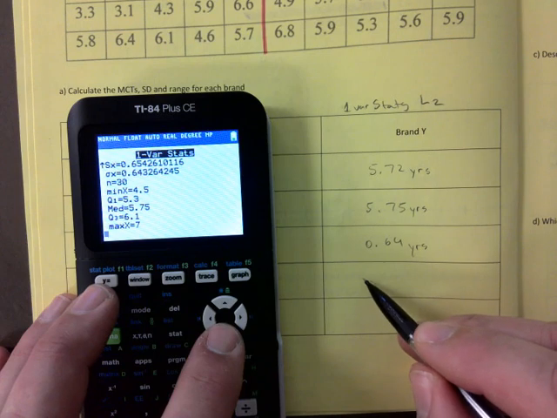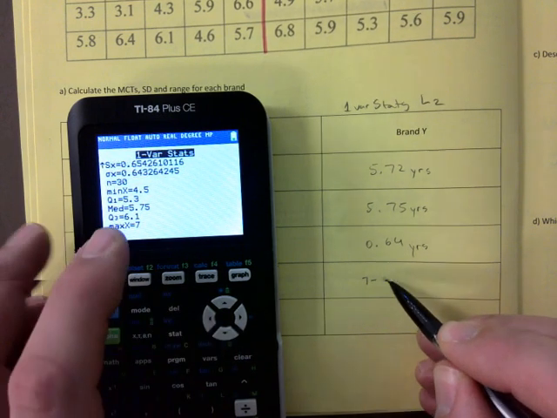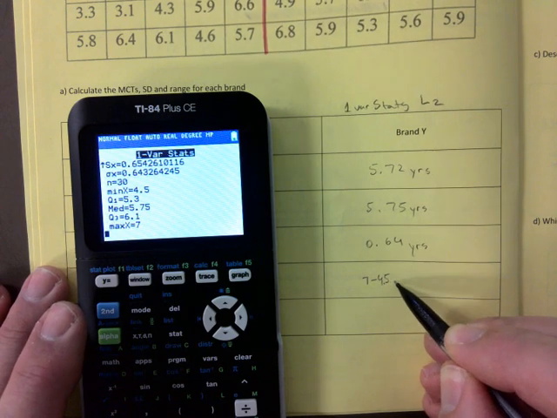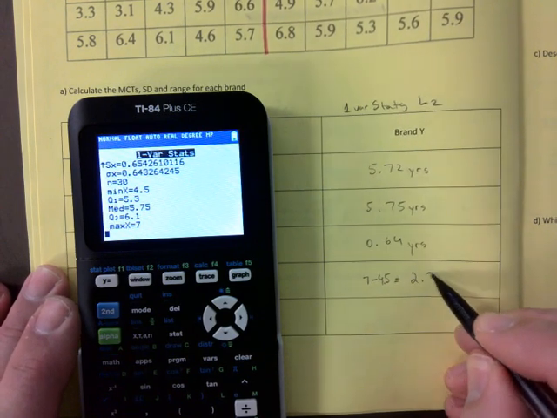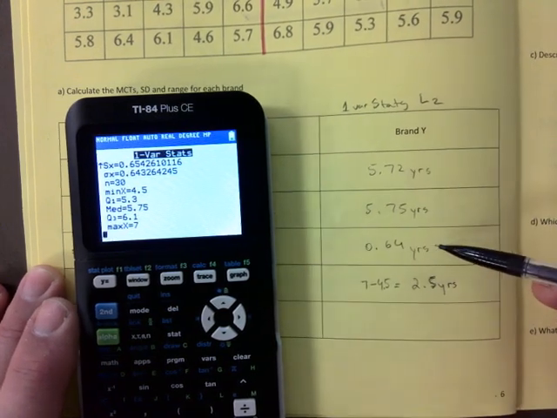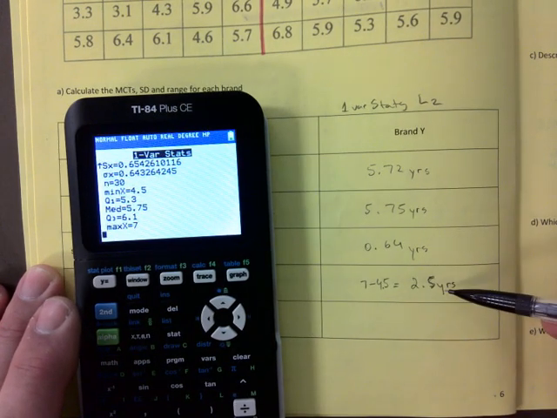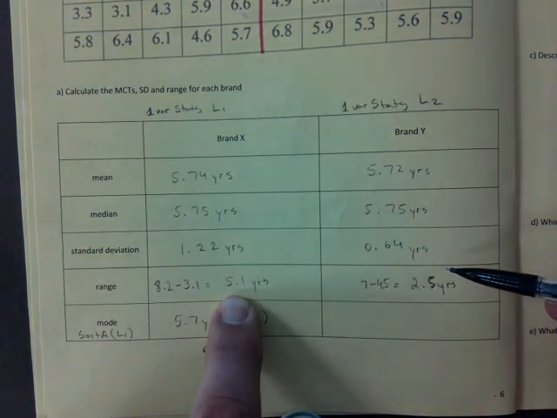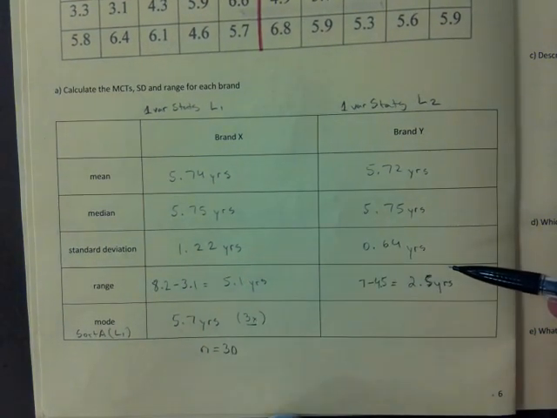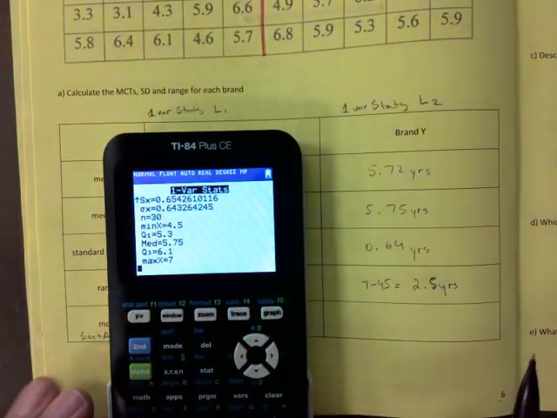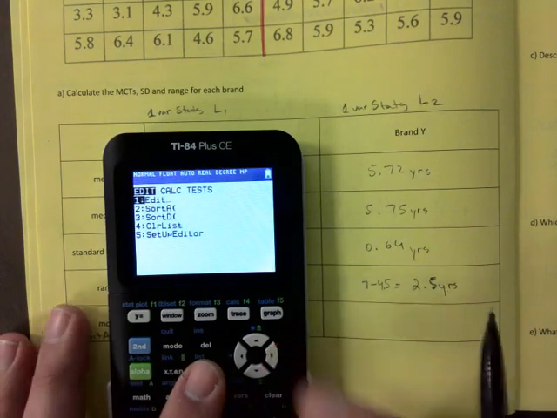So it'd be 7 minus 4.5, and I get 2.5 years as my range. And it should make sense: smaller standard deviation, smaller range compared to the previous example. You should expect that. And then my mode, is there a mode? Yeah, there is one. It's 5.9.